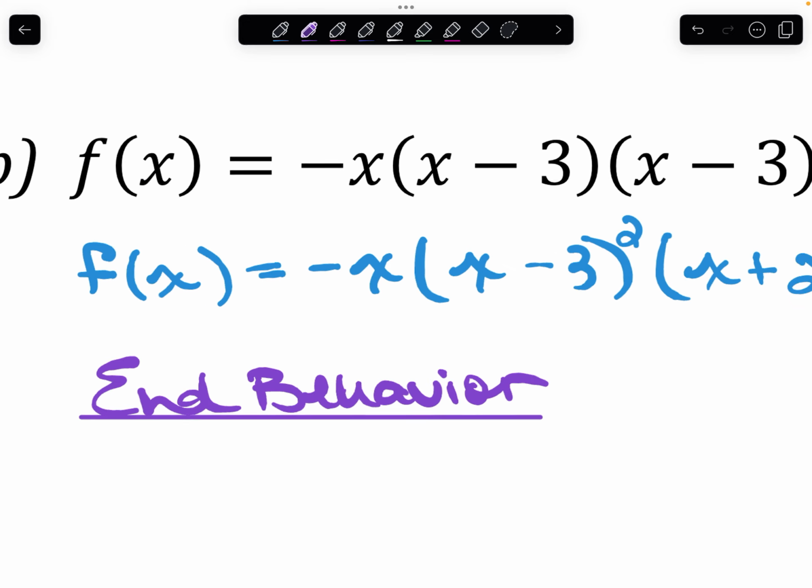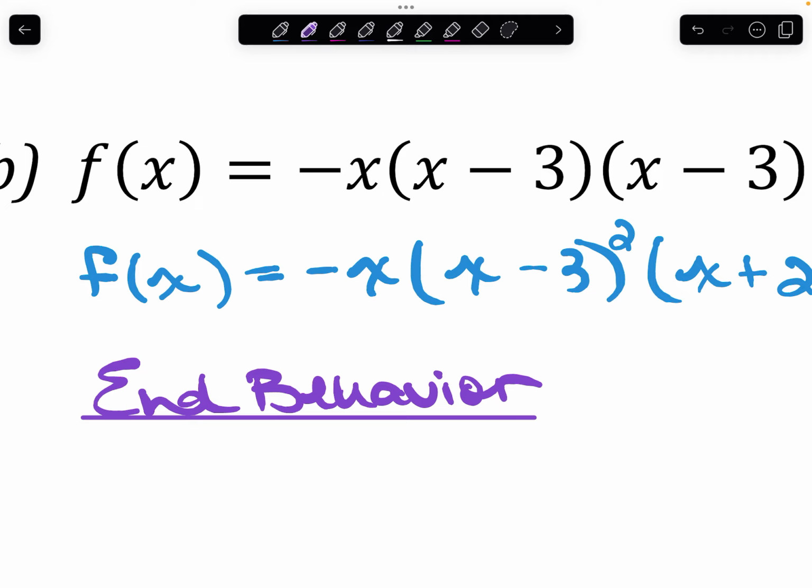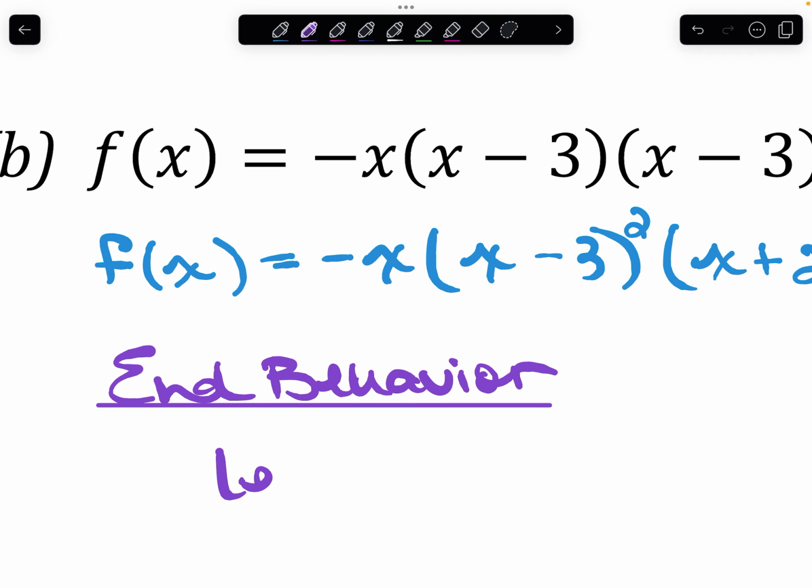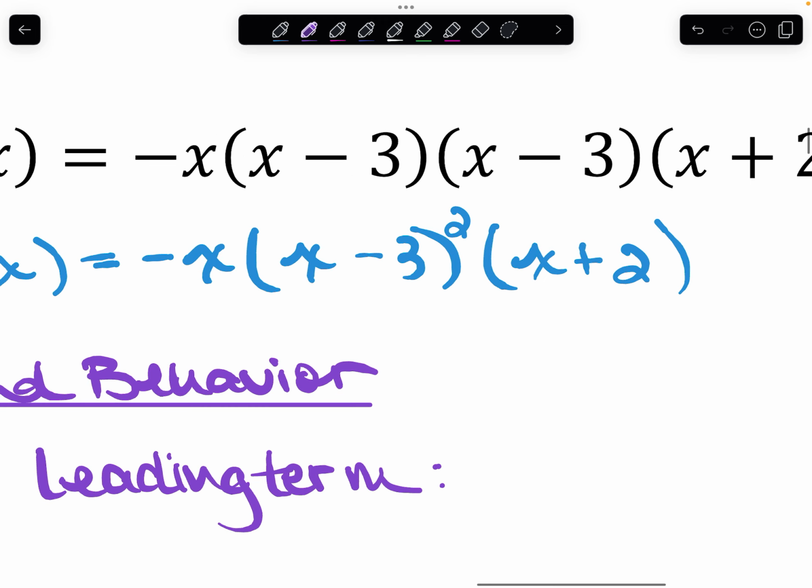All right, end behavior. So I'm going to pull to get my leading term. Each factor, and that includes the factor out front, so that includes the negative x, and then I go get the next variable part, which would be the x raised to its exponent 2.